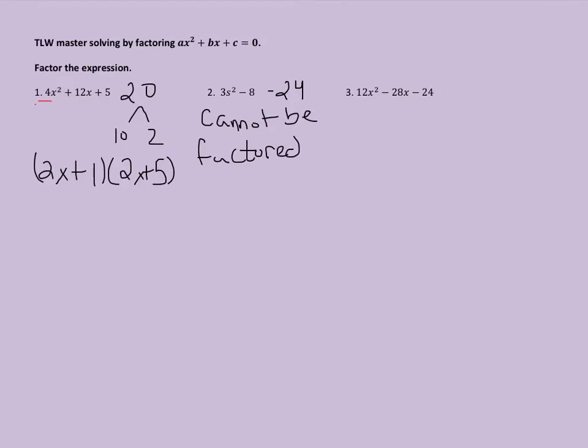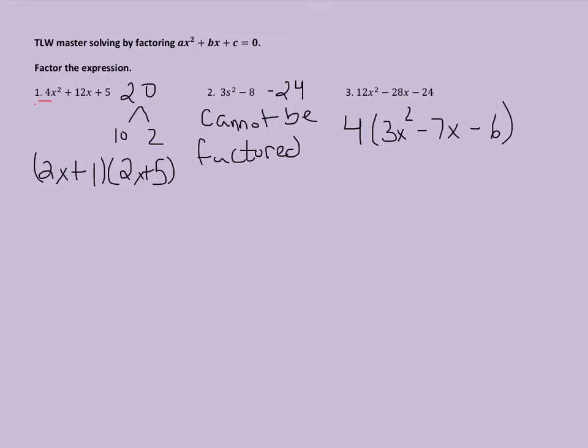Go ahead, press pause, and try to do this one on your own. Okay, so something I would have done here first: I would have factored out a 4. Because then you get 3x squared minus 7x minus 6.